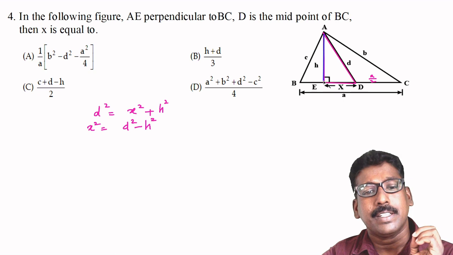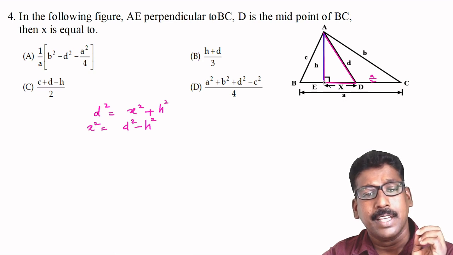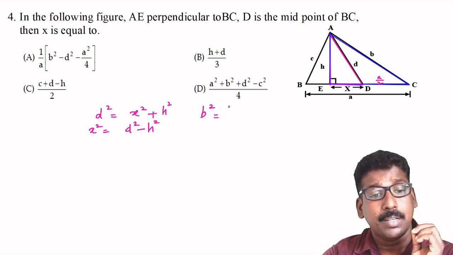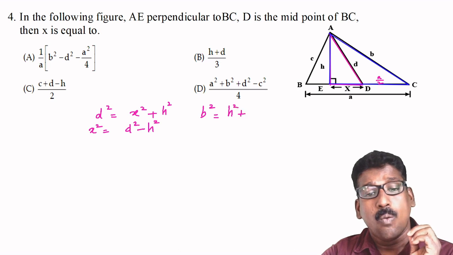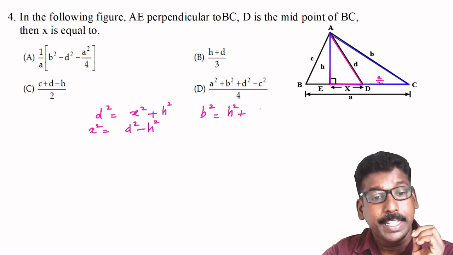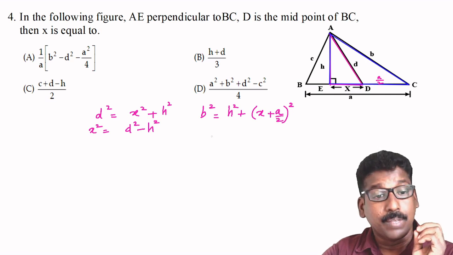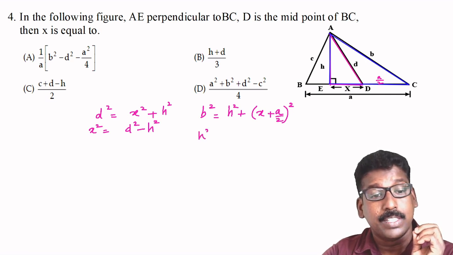Now, let me consider the right angle triangle AEC. Then what is the hypotenuse? b square you can write as h square plus, what is EC? ED is x, then DC is a by 2, so it is x plus a by 2 whole square. From this value, you can get the value of h square.